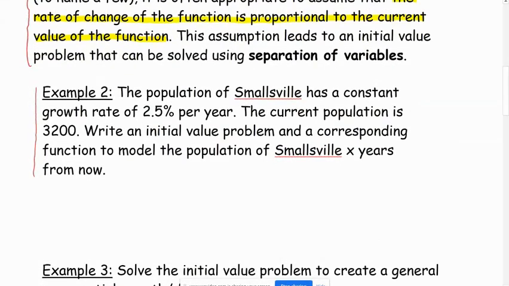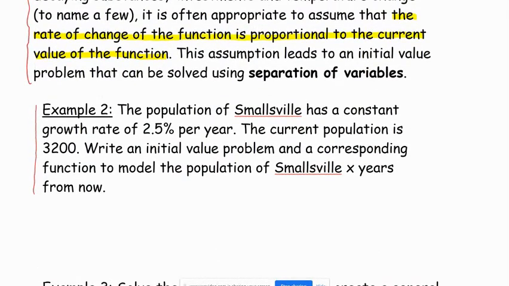And so that assumption right there, when we write that in terms of calculus, as it says, the rate of change is proportional to the current value of the function. So the rate of change of the function is proportional to the value of the function. So k could be any constant.